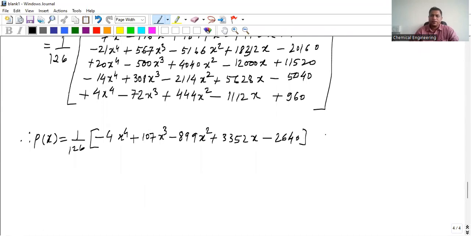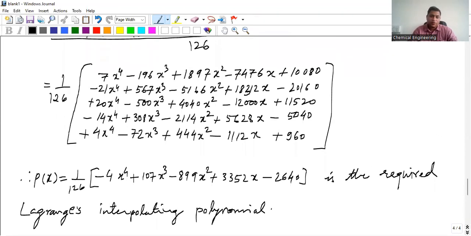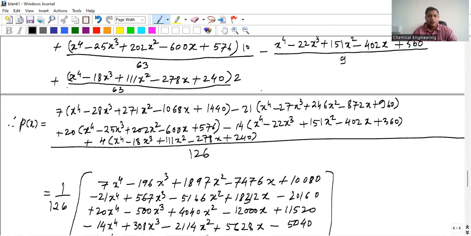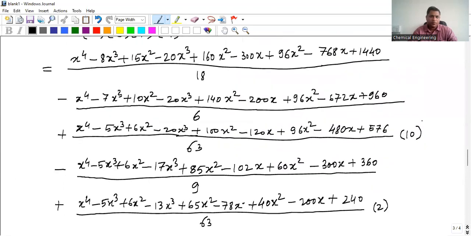Okay, so we can say this is the required Lagrange's interpolating polynomial. So as per the given data, this is the polynomial. Okay, so we got this as a polynomial.